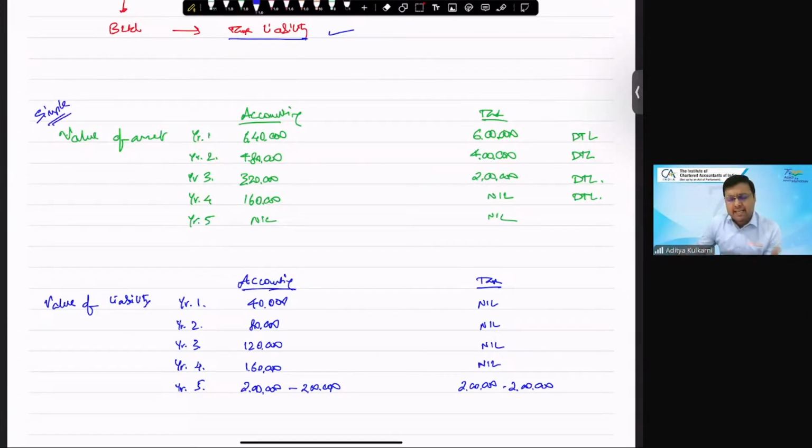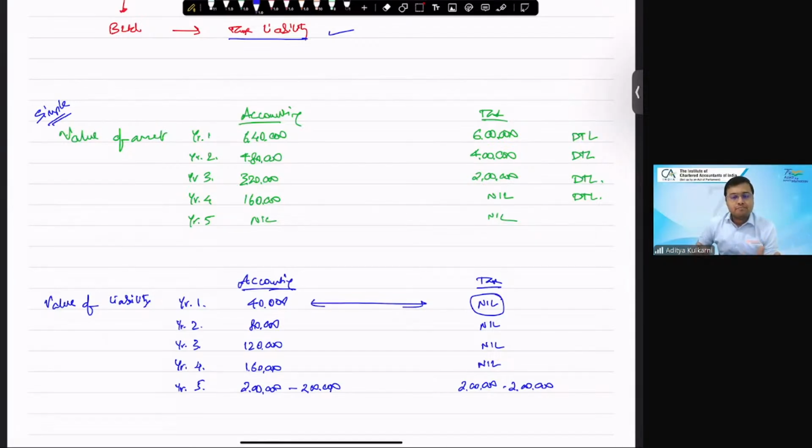I mean, a little technical. See, the entity has already earned some profits. Against that profit, am I claiming any expense today? Answer is no. But can I claim this difference of 40,000 in the future?